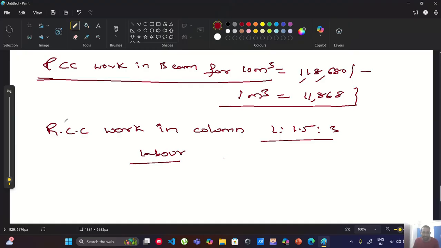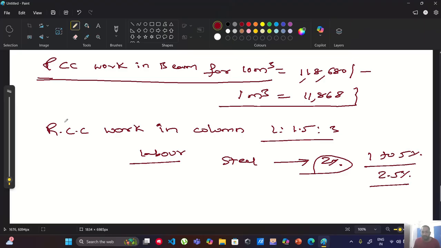Only the material will change, that is the steel material will change. Here we considered 1% in the beam. Now steel will be 2% or 2.5%, your choice. In the starting I explained 1 to 5%. So if you take 2.5%, no worries. If you take 2% also, no worries, but don't take 1%. Try either 2% or 2.5% with the same labors, no problem.